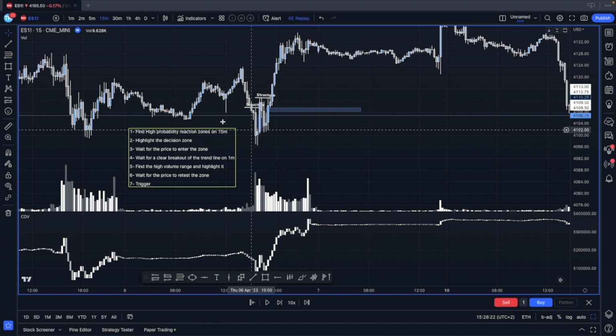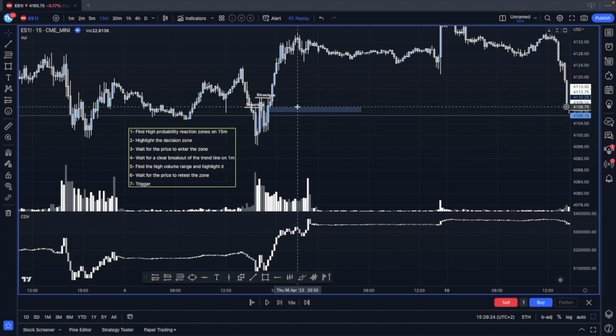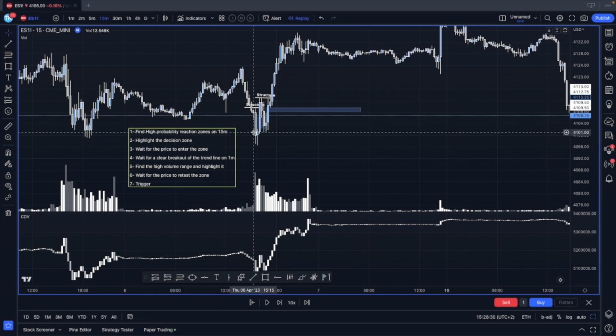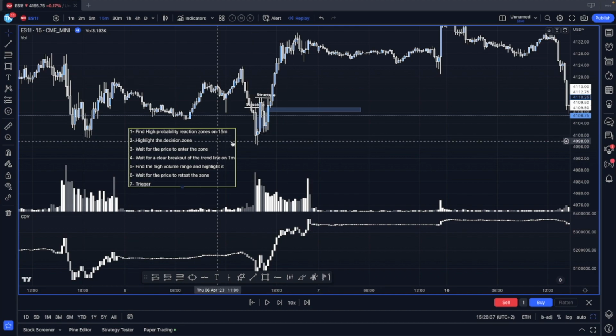Okay, so basically these are three steps by which you can easily find a high probability reaction zone. Okay, second, highlight the decision zone.